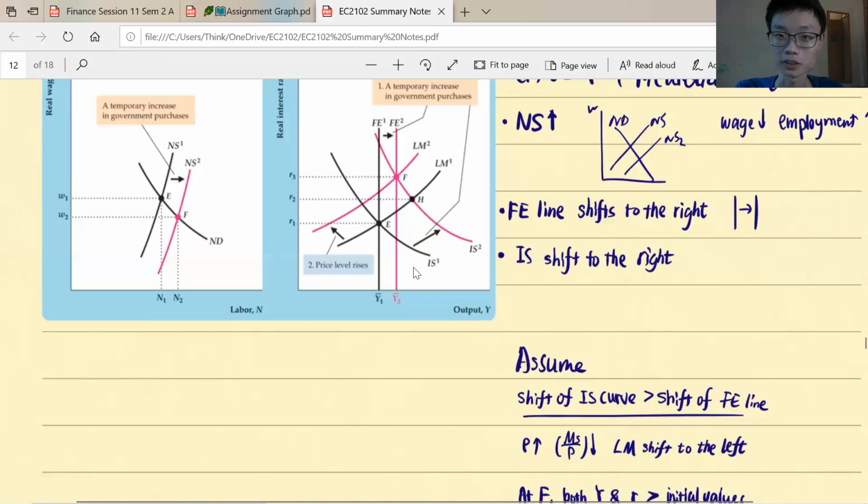So our LM curve will shift up to the left, and will continue shifting until LM2 intersects at the point where IS2 intersects FE2, which means ultimately we will have IS2, LM2, FE2 all intersecting at one point F, and that F corresponds to equilibrium output Y2. So the economy is back to general equilibrium again.